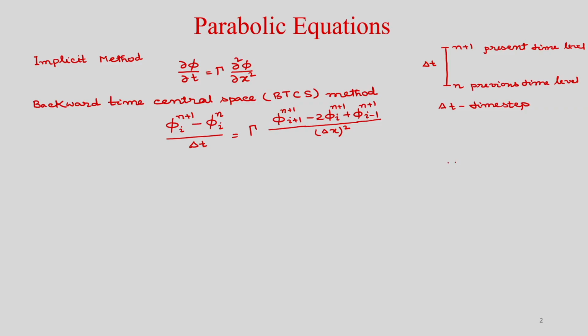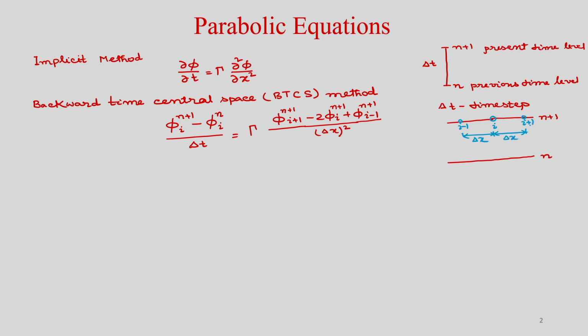So, if you see the grid points, this is your nth level grid and this is the n plus 1 level grid. So, this is your I, this is your I plus 1 and this is your I minus 1. Obviously you have a uniform grid size, so that is your delta x and this is also delta x.